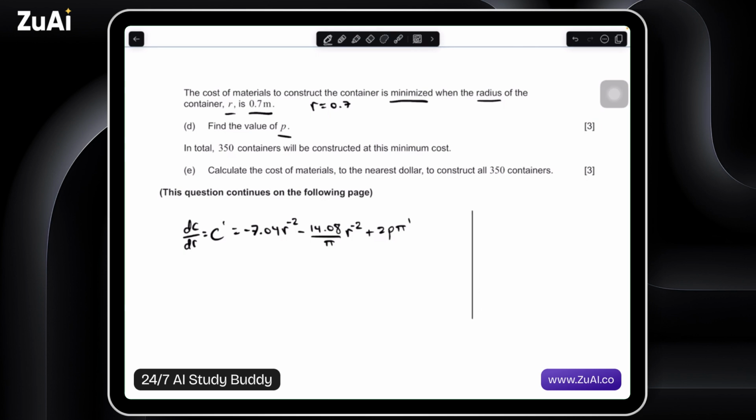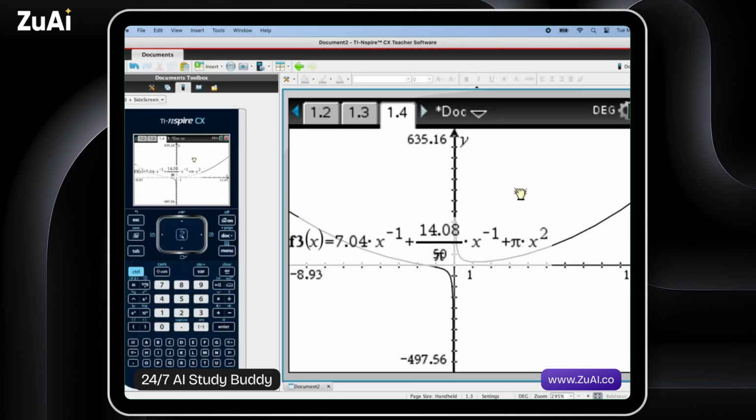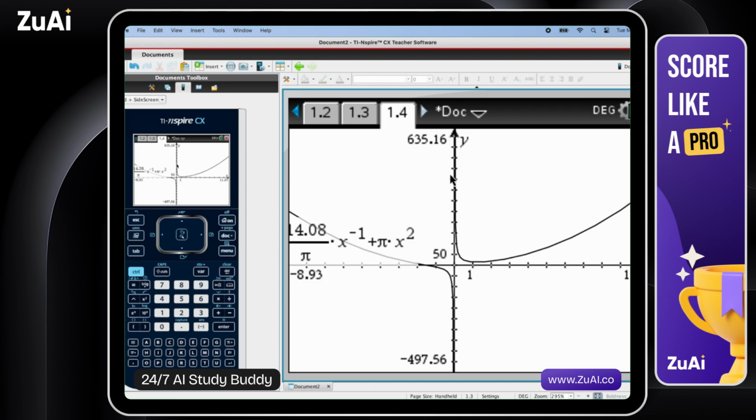So I'll draw an axis, a set of coordinates here, and what do we know? Something is minimized. If we have some function like this, actually going back to the calculator for a sec, we see our function looks like we're going to have an infinite amount of cost if we make our radius super small.